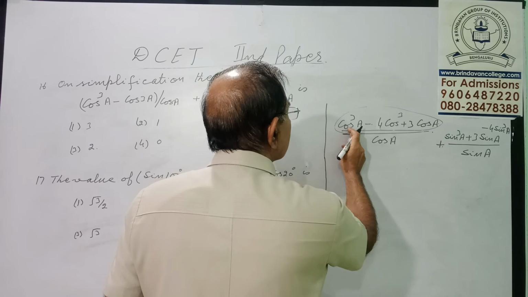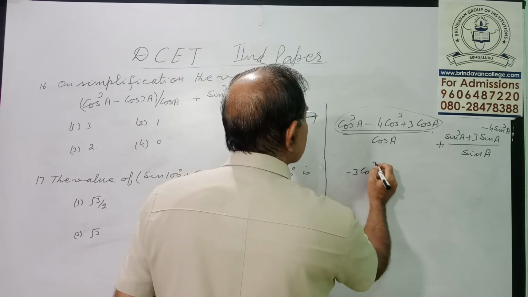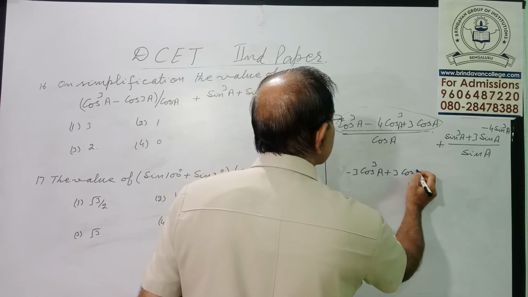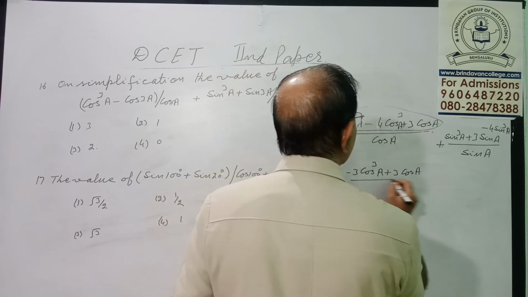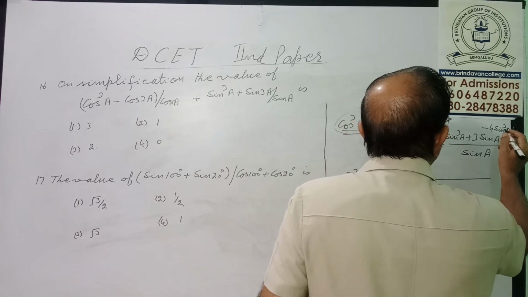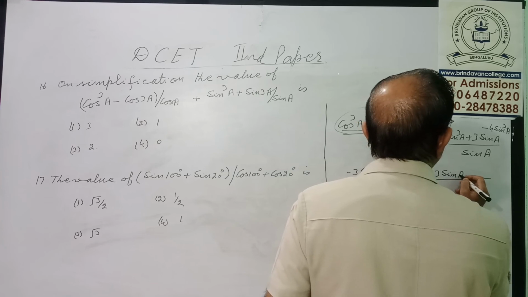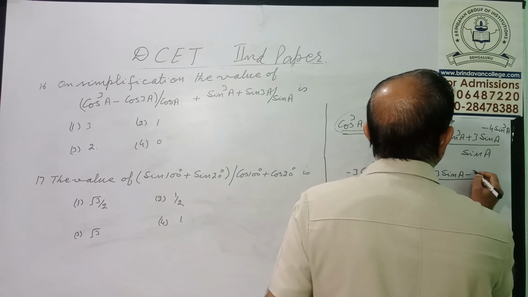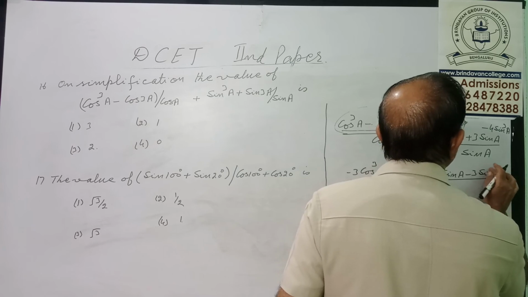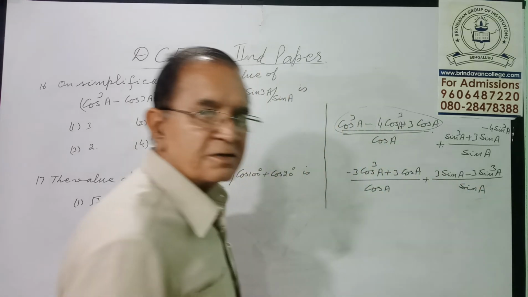So we will get cos cube positive, 4 cos cube negative, minus 3 cos cube A plus 3 cos A over cos A, plus 3 sin A minus 4 sin cube A plus 3 sin A minus 3 sin square A minus 3 sin cube A over sin A. So this is what we will get.